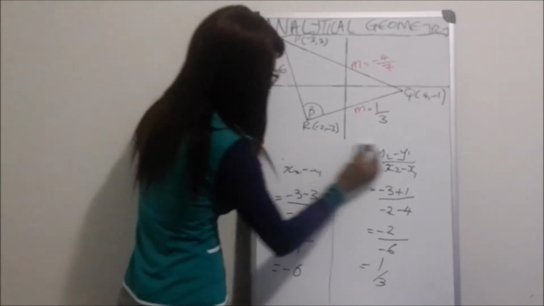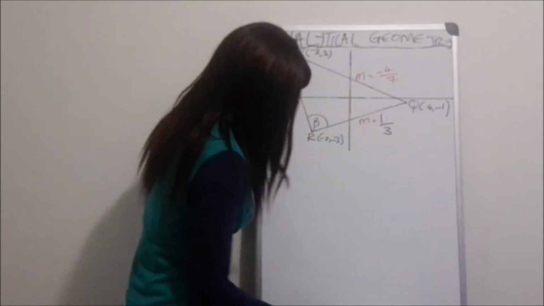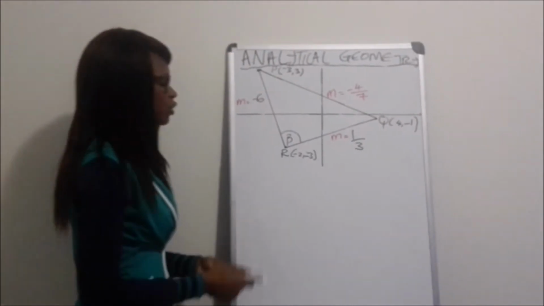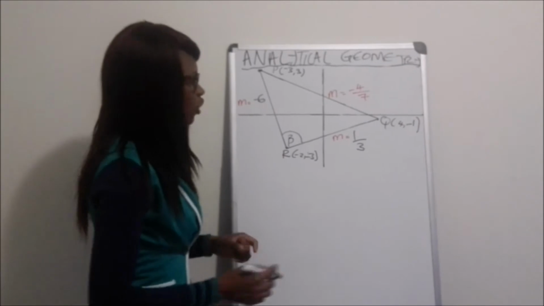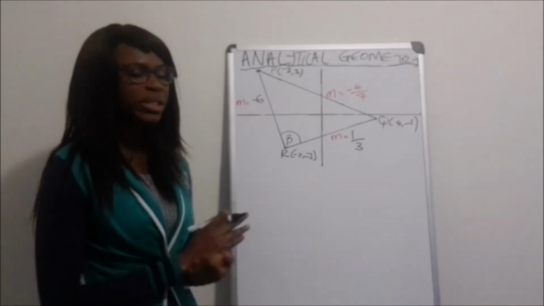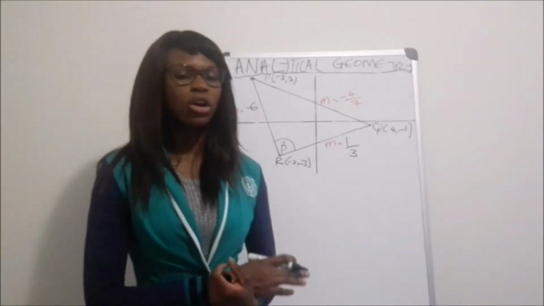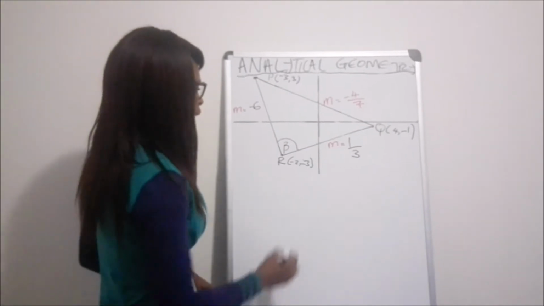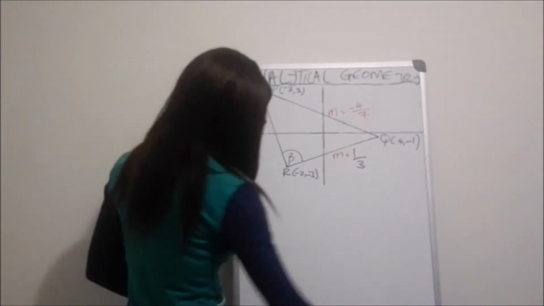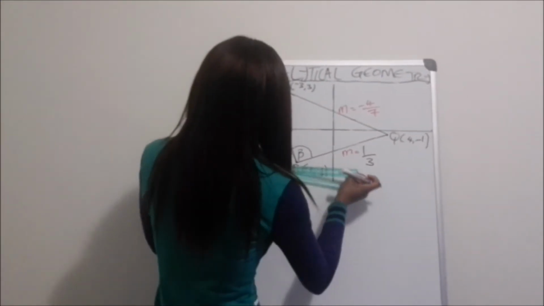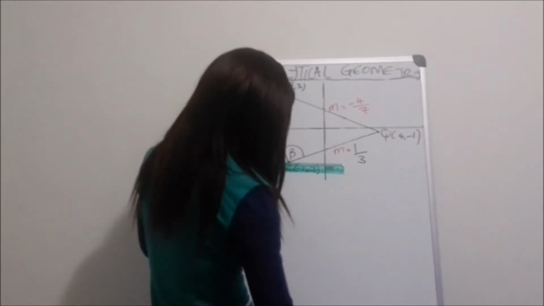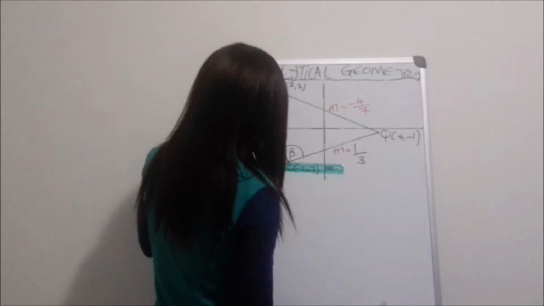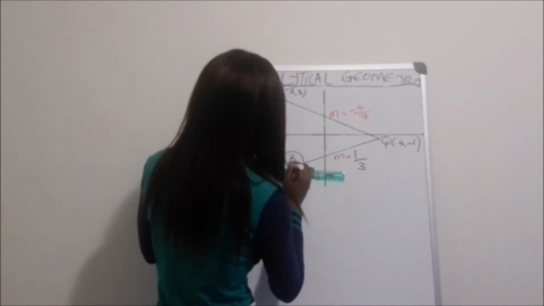Now that we have the gradients of the sides of the triangle, what we have to do now is to use the gradient to find the angle of inclination. Remember, the angle of inclination is always measured from the positive x-axis anti-clockwise. This line here is parallel to the x-axis.